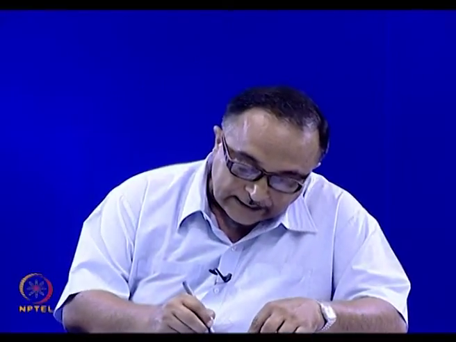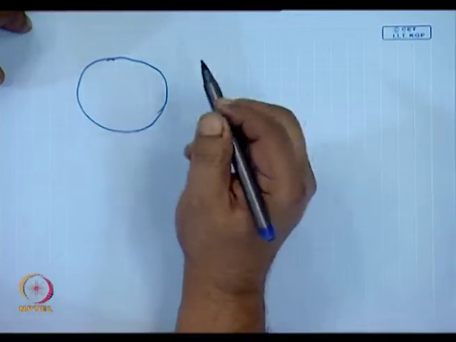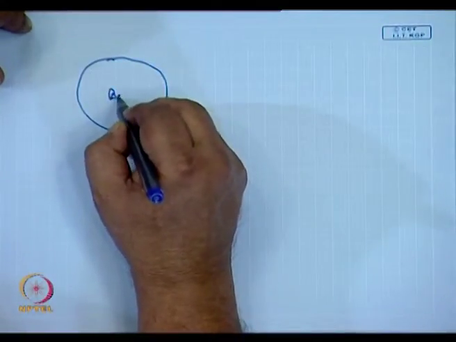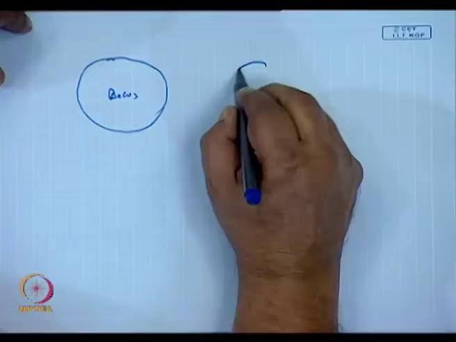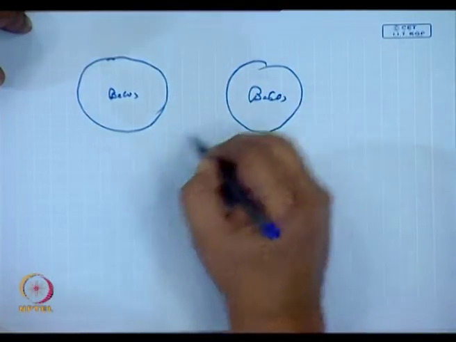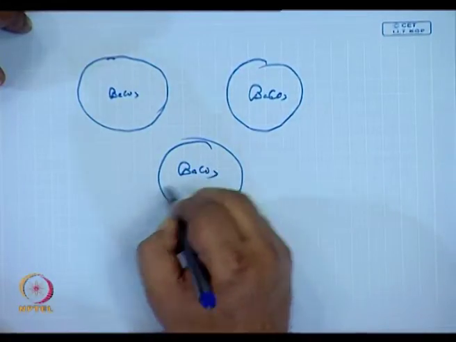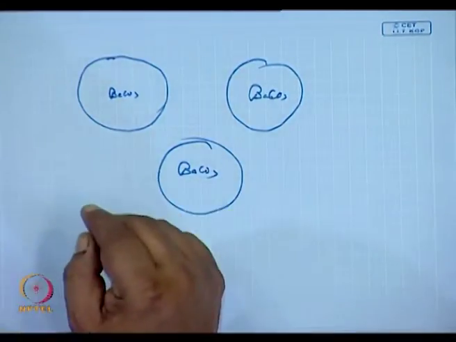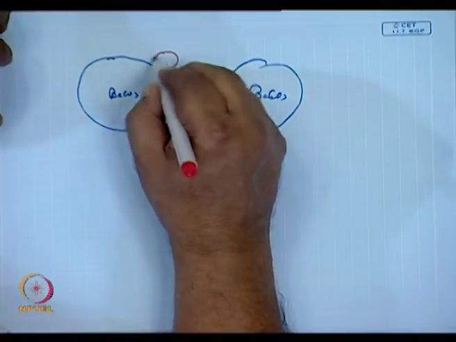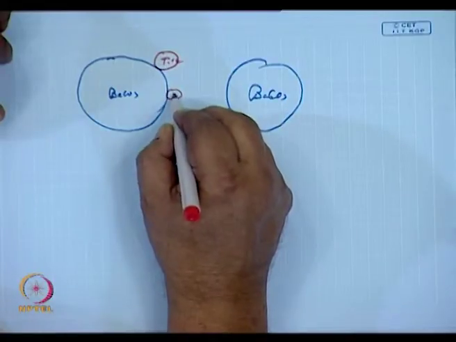The second reason is this. Let us again go back, presume that I have BaO around here, BaCO3. I have BaCO3 grains. And I have titanium dioxide grains out here.